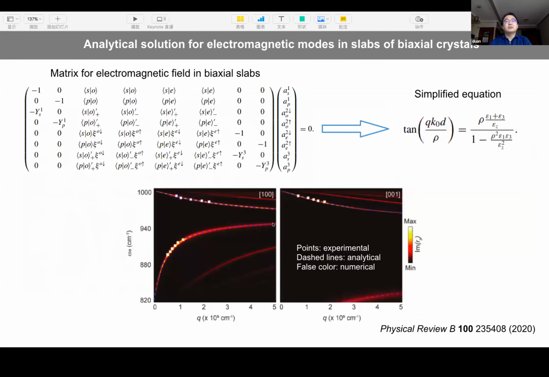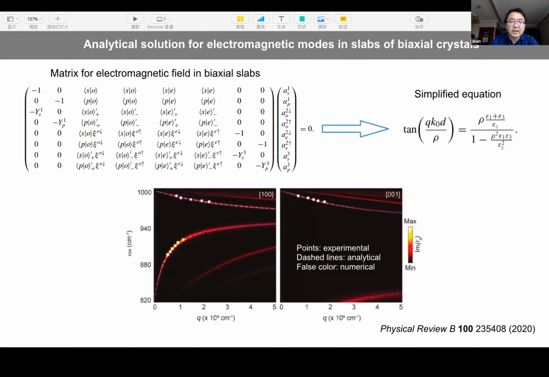Another question we need to solve is the analytical solution, because previously we could only solve the equation in a uniaxial crystal, but molybdenum trioxide is a biaxial crystal. So we developed this matrix for describing the electromagnetic modes in the biaxial crystal. We simplify it into this beautiful equation.